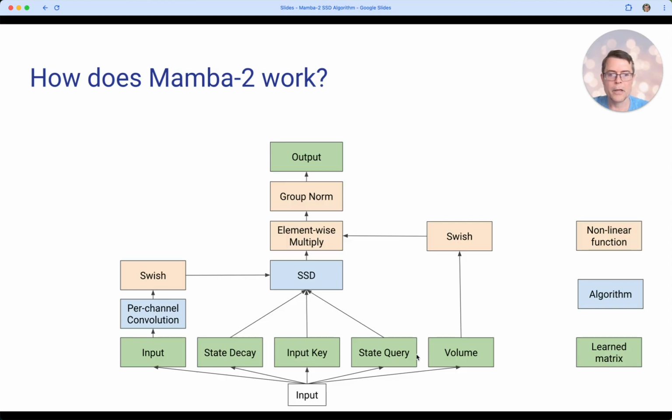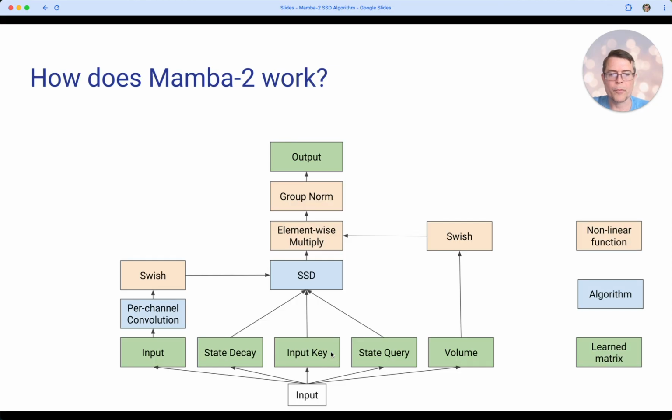You've got a decay matrix, which tells you, for each input, how much you decay the existing state, so you basically forget parts of the old state based on what you're seeing in the new input. You've got a couple of matrices, kind of like the key and query matrices in the transformer architecture.